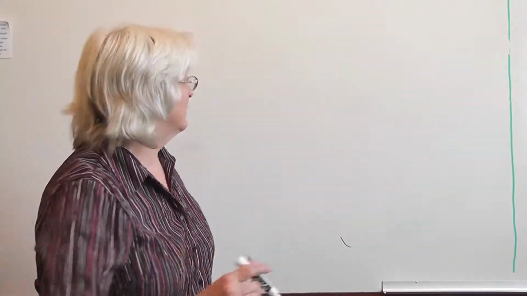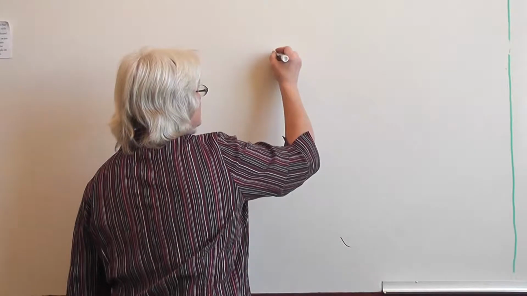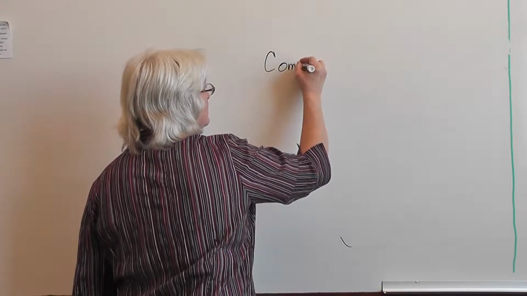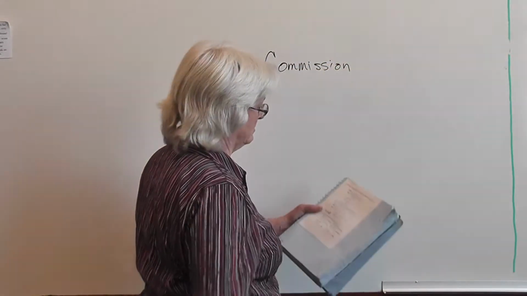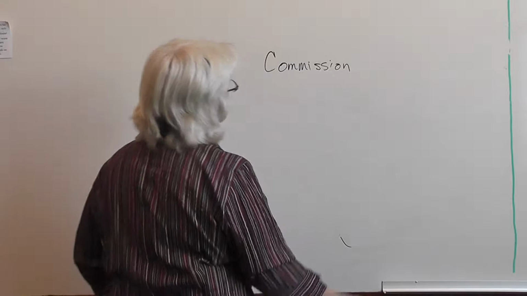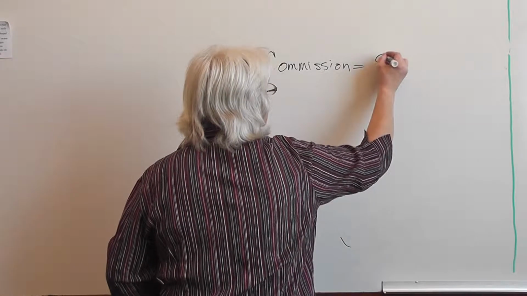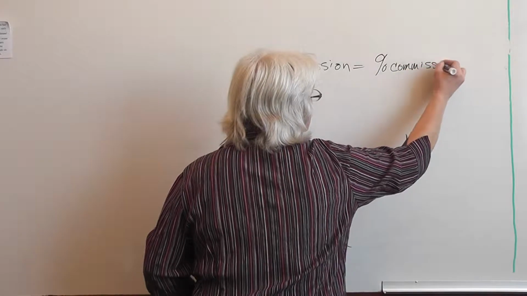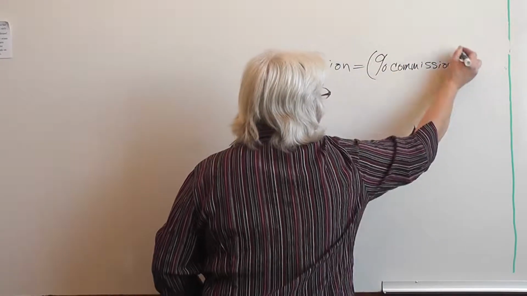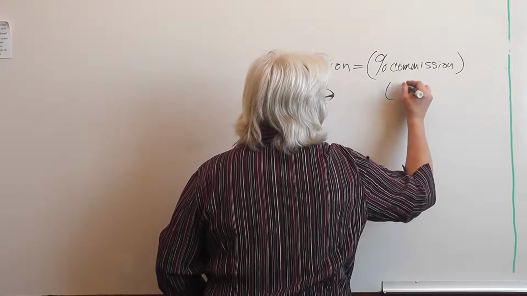And there's a formula here. Very easy. Commission, and that doesn't look spelled right to me, but it is. Commission is the percent commission times total sales.